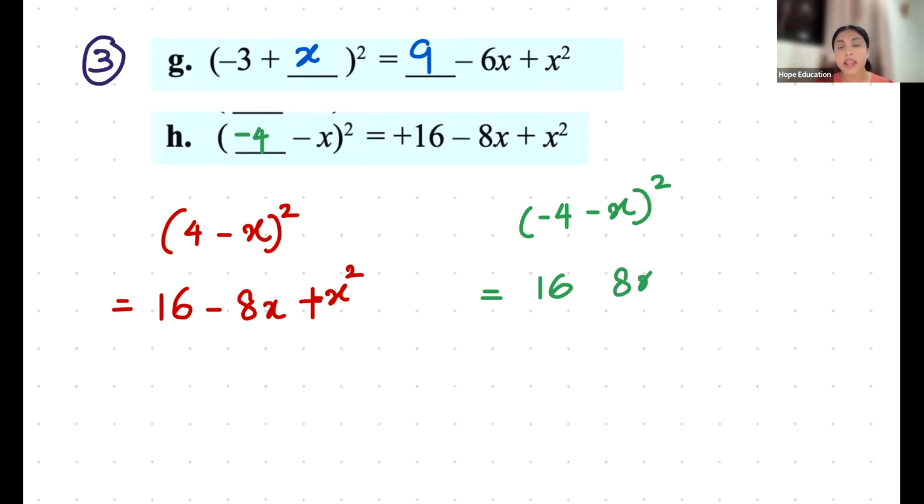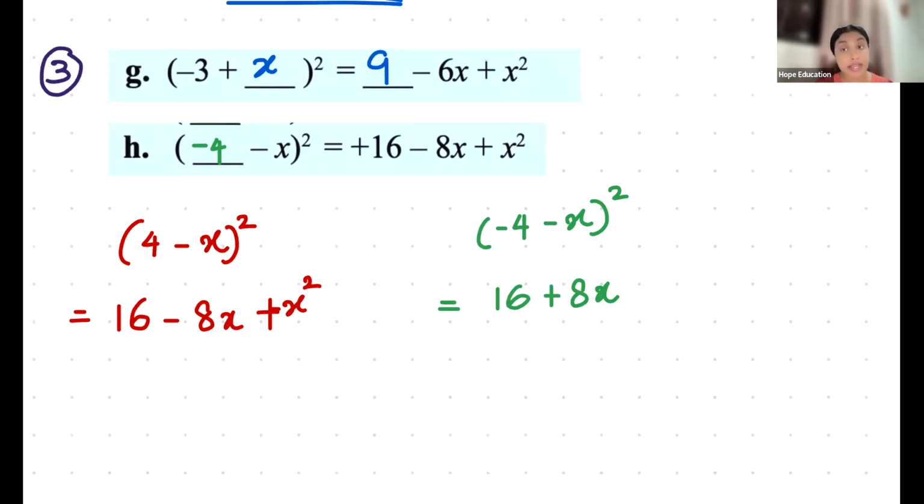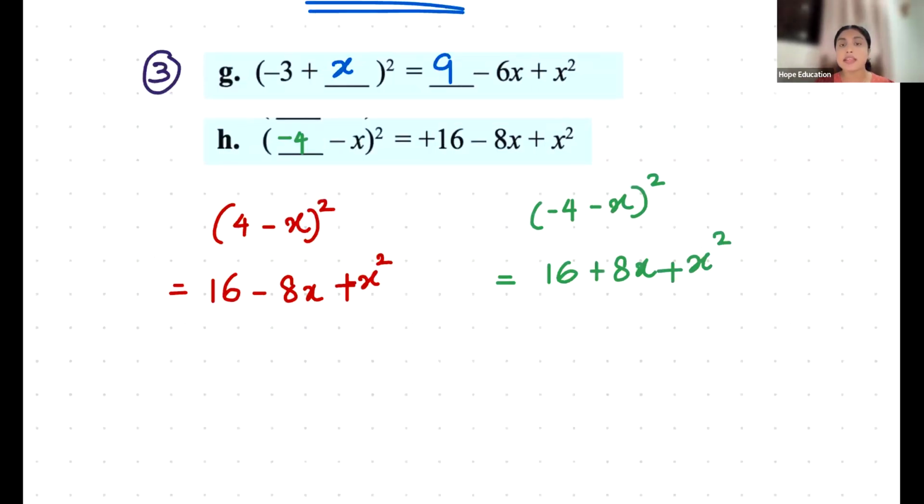Then minus times minus is plus, plus times plus is also plus. Then we get the square of the second term. The second term is minus x. x times x is x squared. Minus times minus is plus. So we get plus 16 plus 8x plus x squared. But here there is minus 8x. Therefore, this cannot be the answer. It has to be 4, not minus 4.